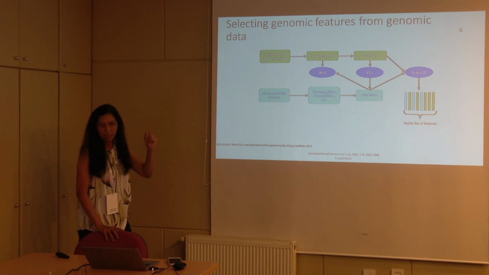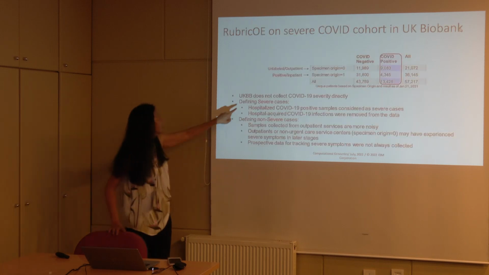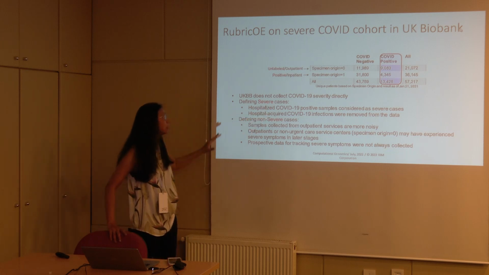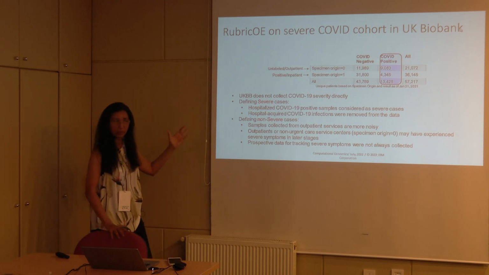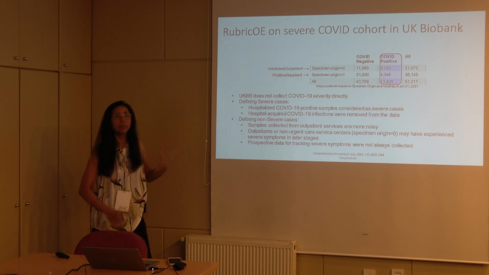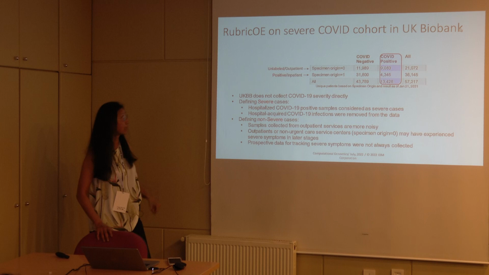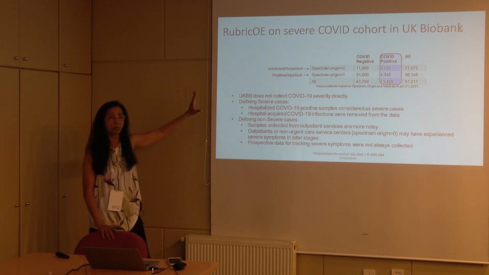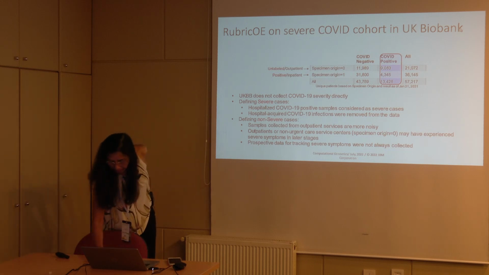We had to define the severe cases as hospitalized positive samples, and you remove the hospital-acquired COVID-19, because the frontline staff were probably getting tested very often, and if they got it from the hospital, they were not taken as severe COVID. So we had to infer from the phenotypes what are possibly severe COVID cases. And based on that phenotype, we did this.